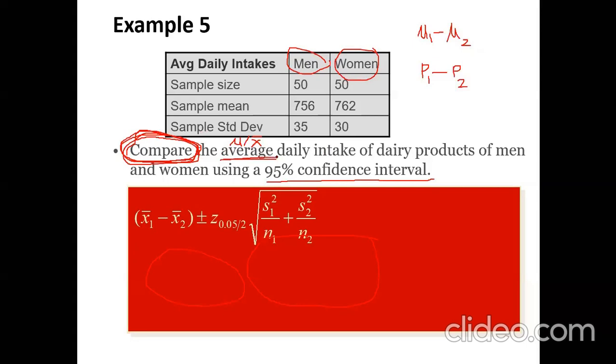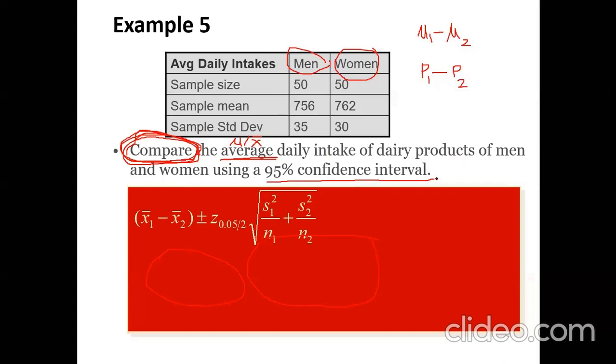When we talk about average, it must refer to population mean, mu, or sample mean, x bar. The third keyword: they give you the value of the confidence interval, using a 95% confidence interval. So it must refer to interval estimator.